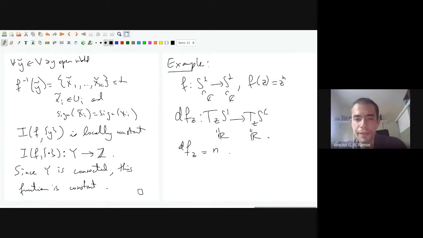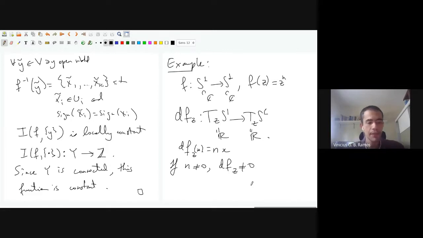Okay, so I guess it's just nx. So if n is different from 0, then df_z is different from 0, so every y is a regular value.